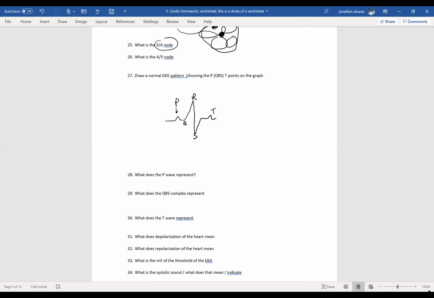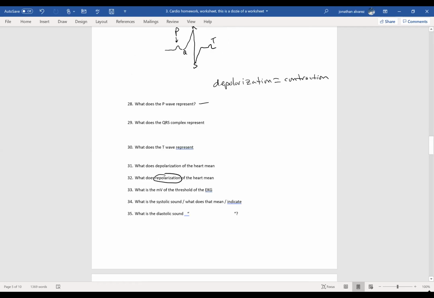So the P wave. Depolarization is going to be synonymous with contraction, and repolarize is going to be synonymous with relax.